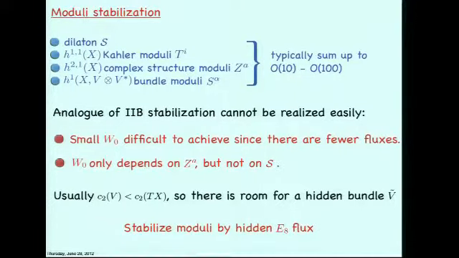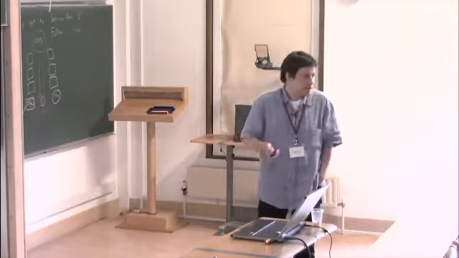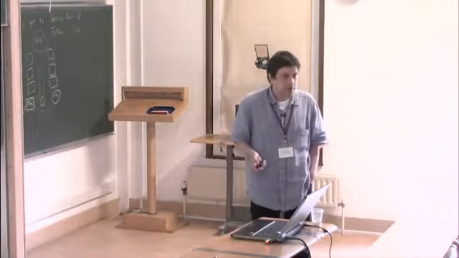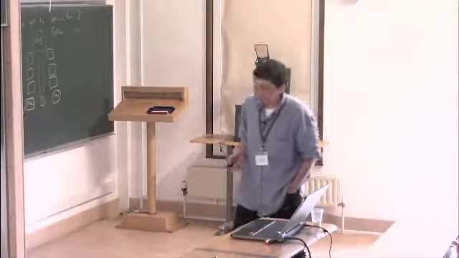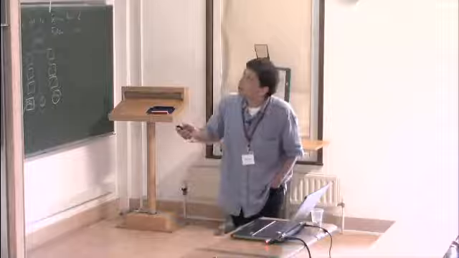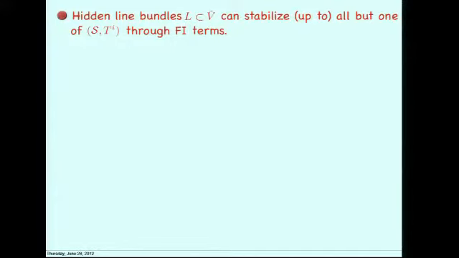But we will observe that typically we don't saturate the anomaly condition with the observable bundle. So there's a strictly less here. So there is room for a hidden bundle in the hidden E8 sector, and that's another type of flux. So we just want to use that type of flux to fix the moduli. We already know that putting line bundles can fix some of the Kähler moduli.